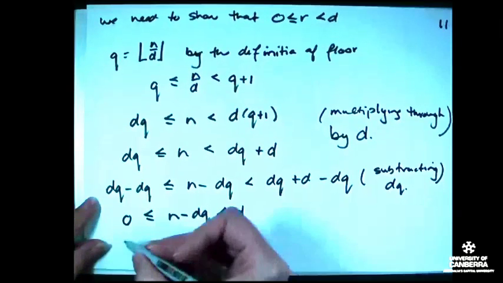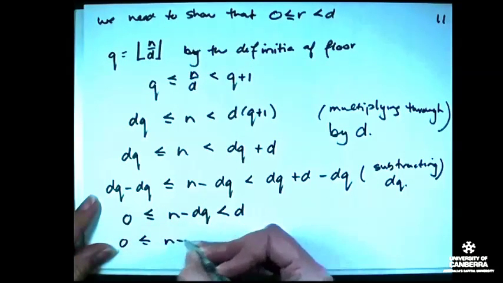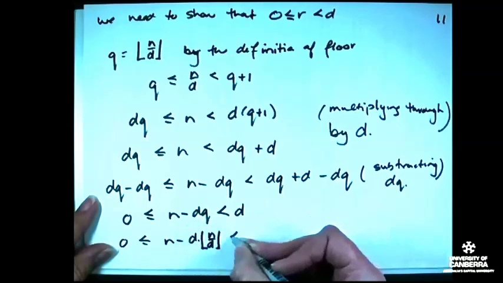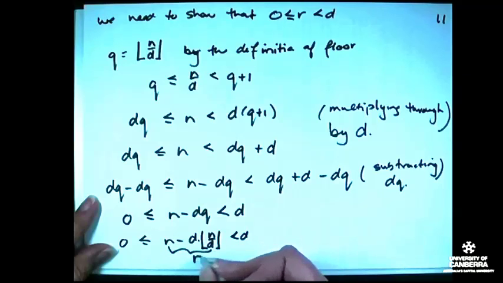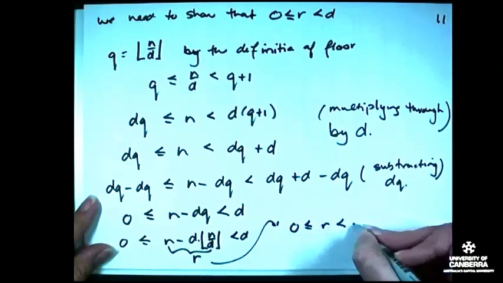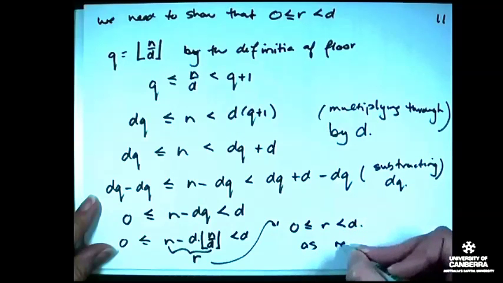So this is equal to 0 is less than or equal to n minus d, the floor of n on d, because that's what we said q was. And this is just equal to r. 0 is less than or equal to r is less than d, as required.